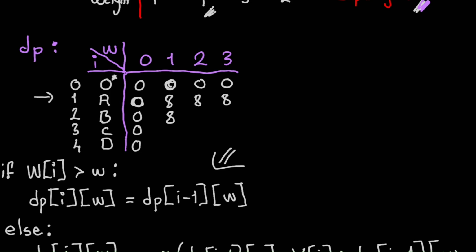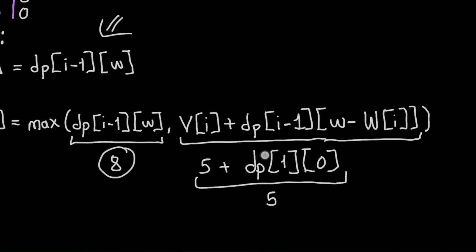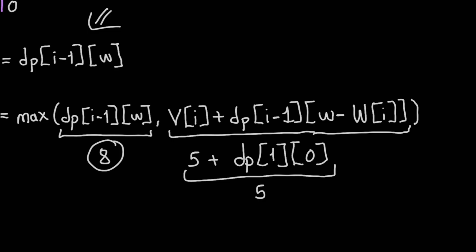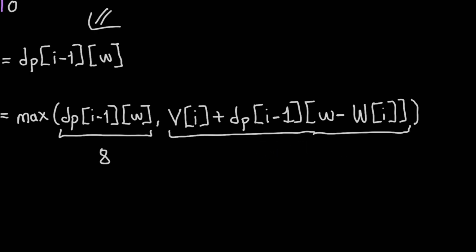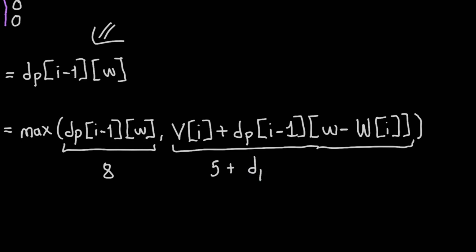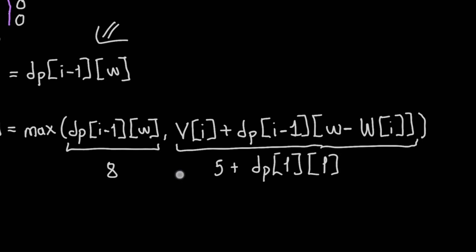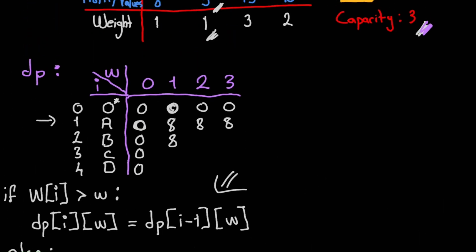What about when the current capacity is 2? Again, the previous row is 8 and value is again 5. dp1, the current capacity is 2. 2 minus 1, which is the weight of the B. 2 minus 1 is 1, which is showing us this.